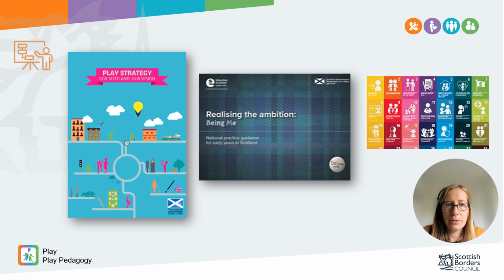It highlights the importance of children being given time to play each day in order to follow their own lines of inquiry or individual interests, and it advocates the need to have a consistent pedagogical approach and a play-based curriculum for the playing, learning child across ELC and into primary 1 and beyond. It's a national practice resource to support our youngest learners from the age of 0 to 7, and we'd really encourage all teachers in primary 1 and beyond to familiarise themselves with this resource and to use the principles of Realising Ambition to plan for high quality interactions, spaces and experiences that are rooted in play.